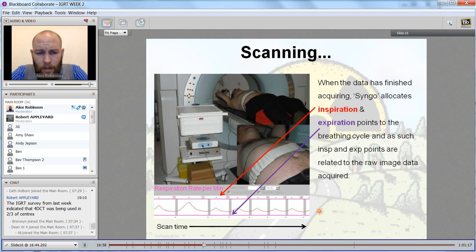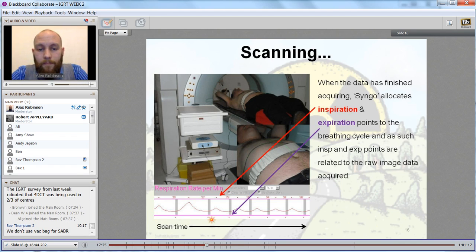The tracer shows a dominant peak and a dominant trough, and this is the patient's breathing. As they breathe in, they put pressure on that sensor and it gives us the spike. As they breathe out, it drops as the pressure is relaxed, and that's the expiration. Along the top here, we have respiration rate per minute, the number of breaths per minute the patient is taking, and along the bottom we have time.